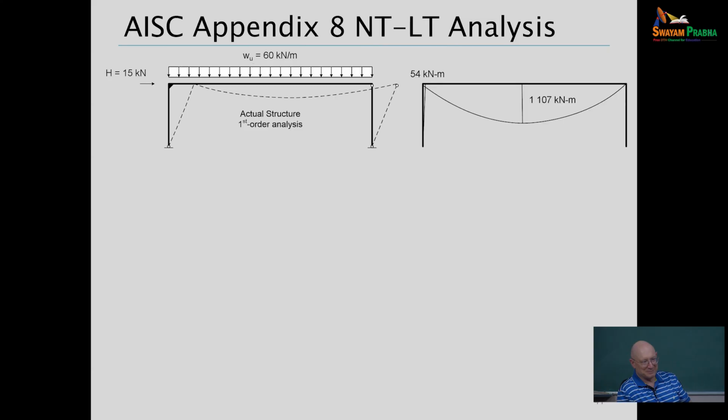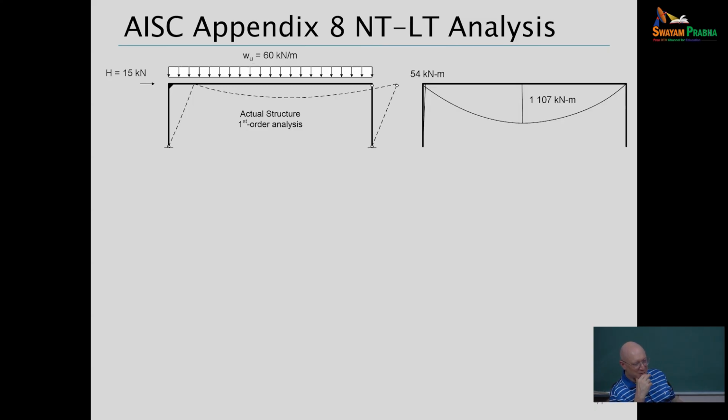It will be 0 at the bottom, and there will be internal bending moment at the beam-column joint. So under just vertical load, the 54 kilonewton-meters on the left would go away. No, I'm not saying it will be 0.